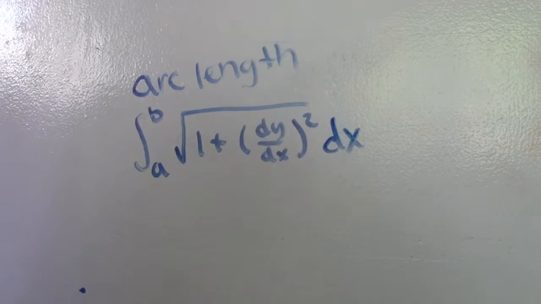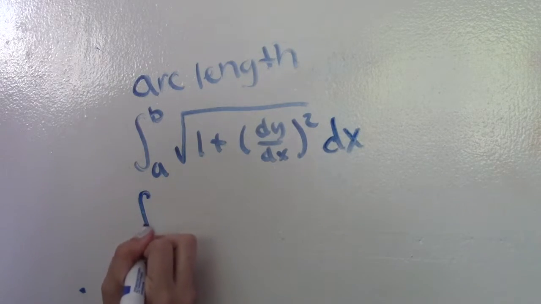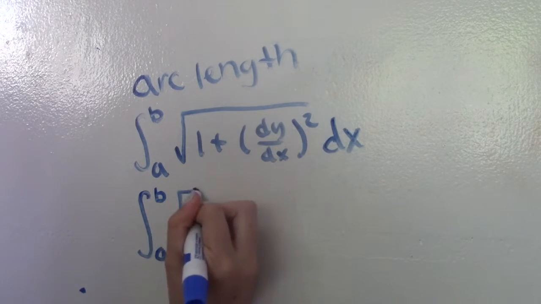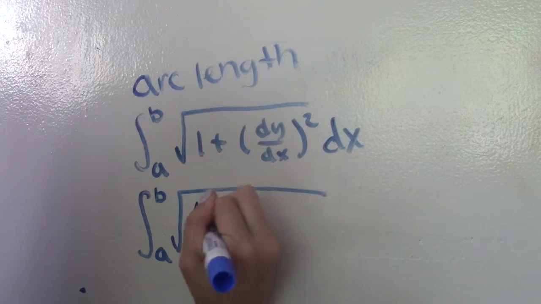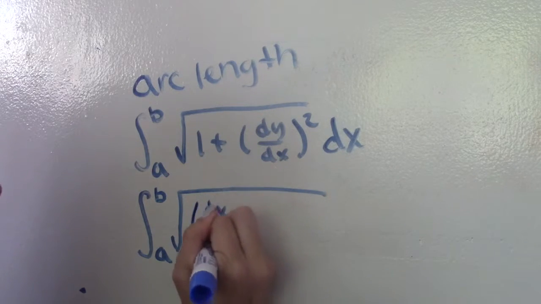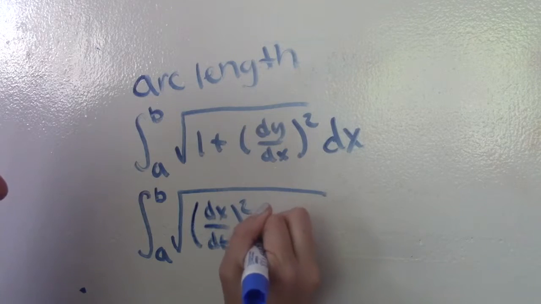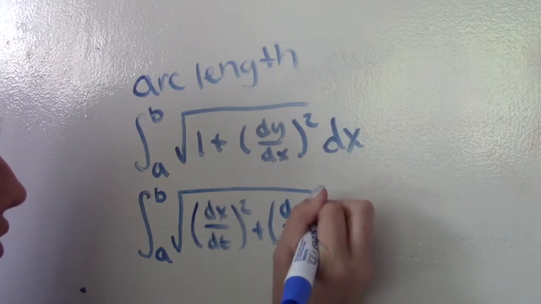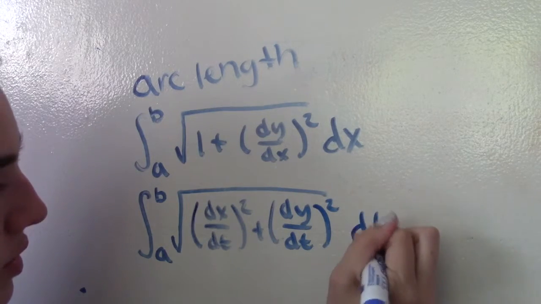We can shift some things around and say that our arc length for a parametric function is the square root of dx over dt squared plus dy over dt squared with respect to t instead.